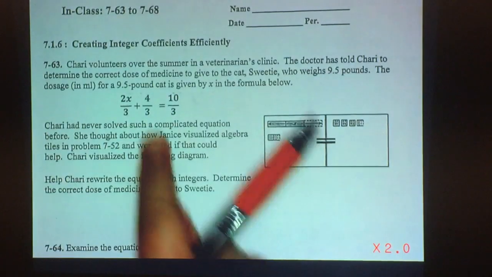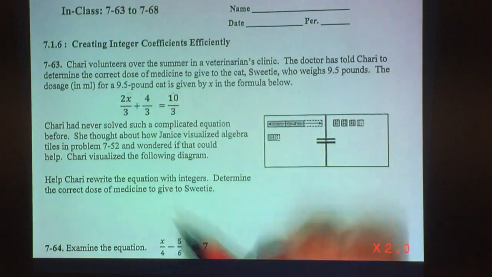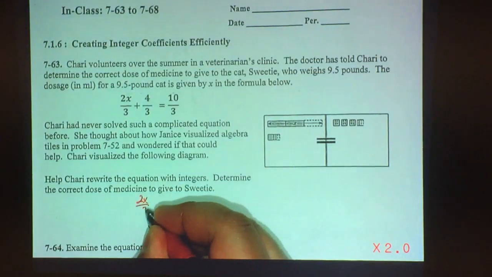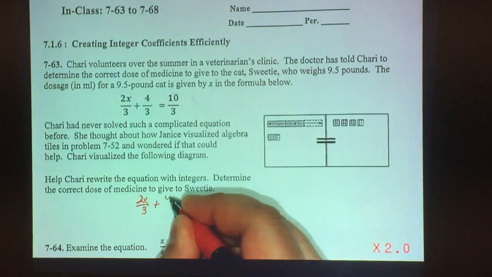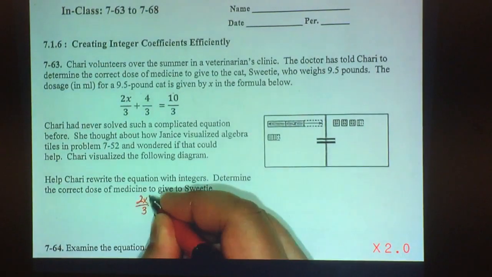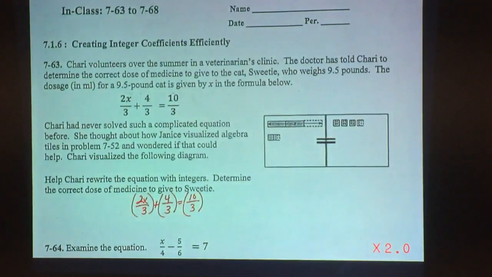So, we're going to take this equation and we're going to copy it down here. And if you remember from the two previous lessons, if we want the fractions to go away, we have to multiply by the denominator.